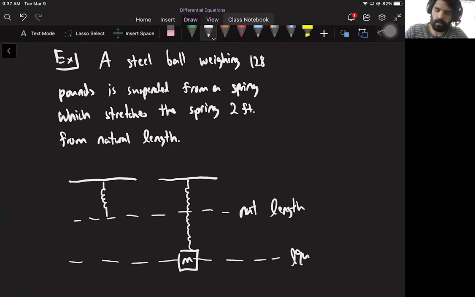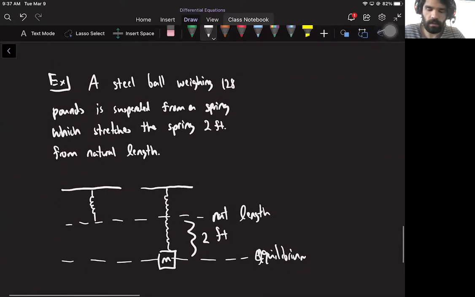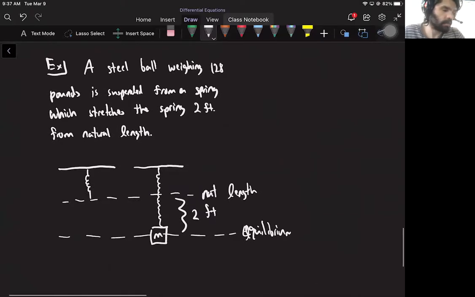This much. And so this is 2 feet. So this is what we use to get the restoring force. We don't need the rest of the problem yet. We can just get the restoring force very quickly.